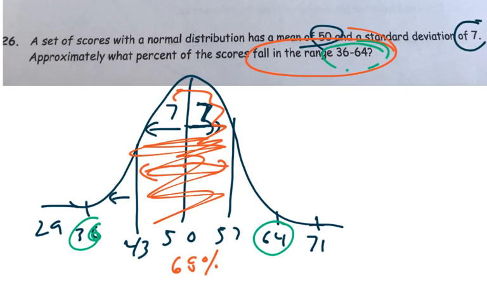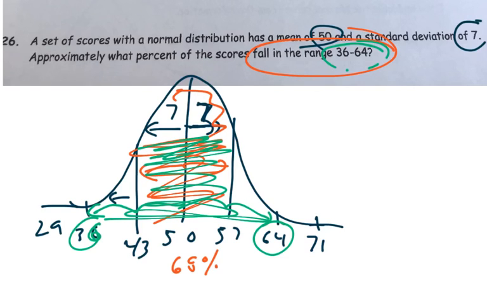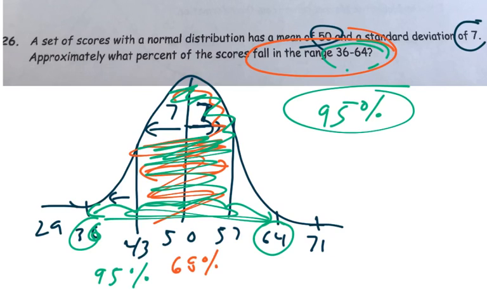Well, isn't that 2 standard deviations each way? And hopefully you understand, including the middle that I colored in red, the 68% in the middle, plus the extra 2 intervals on each side, that's a total of 95% of all scores. And so that was our answer. We know roughly 95% of all scores are going to fall between 36 and 64.